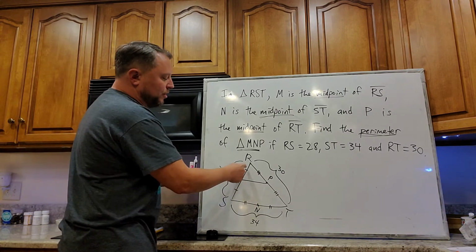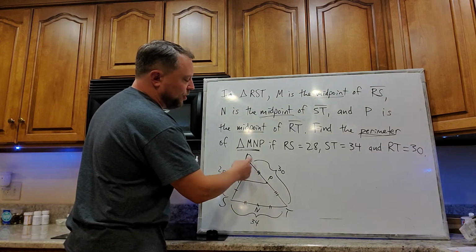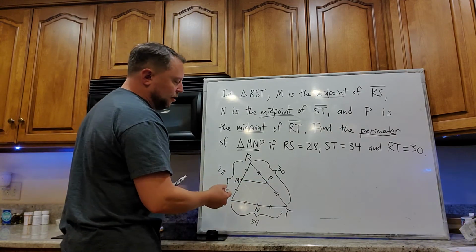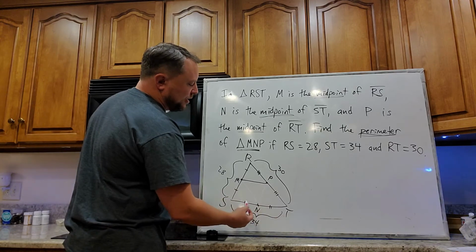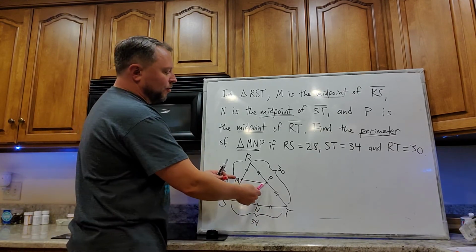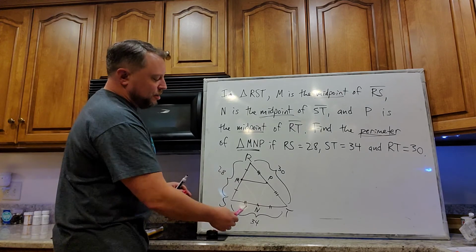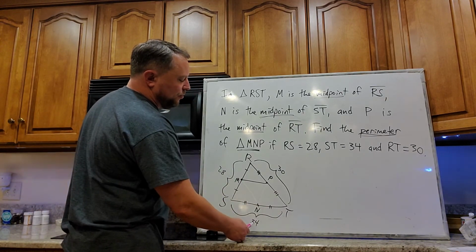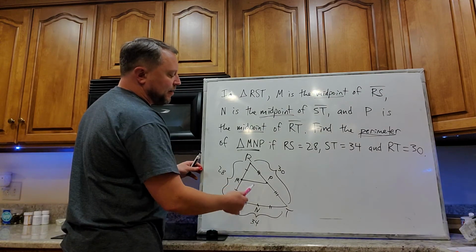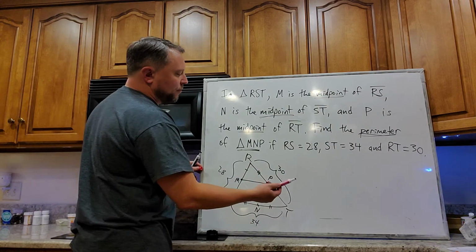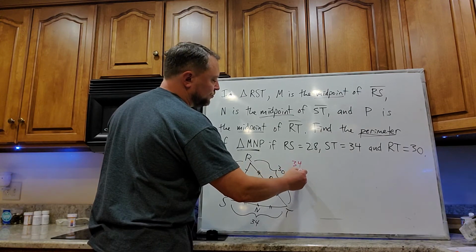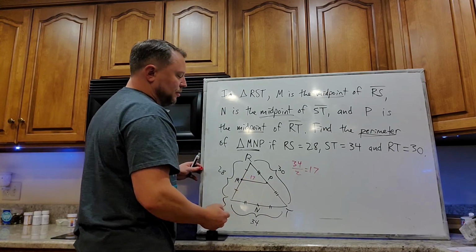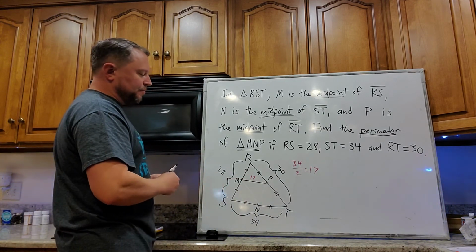That said if you join the midpoint of one side to the midpoint of another, the segment that you make there will not only be parallel to this one down here, but its length will be exactly half. So if this is 34 all the way down here, that full length is 34, then this should be exactly half of the 34. So half of 34 is 17. That length there would be 17.